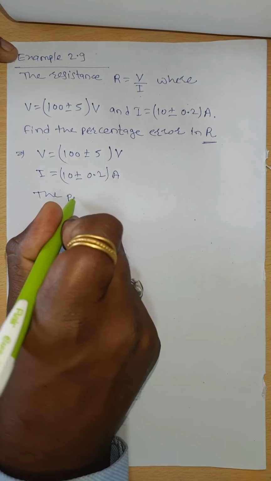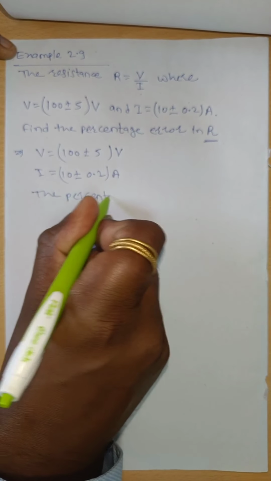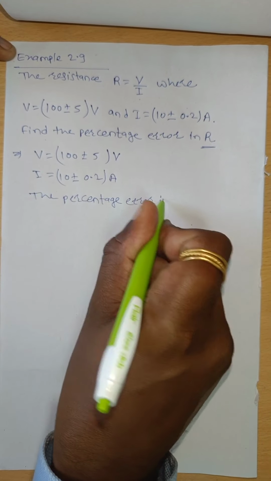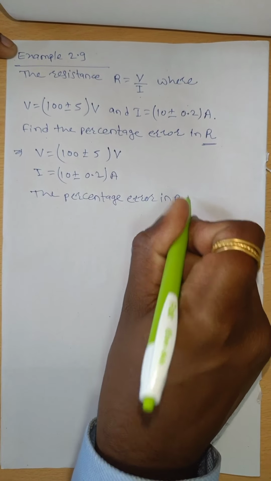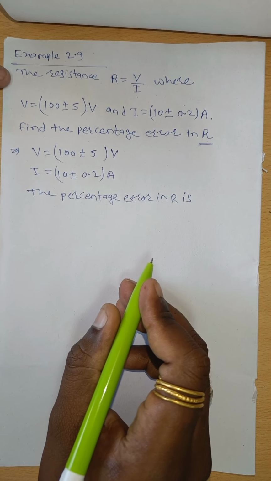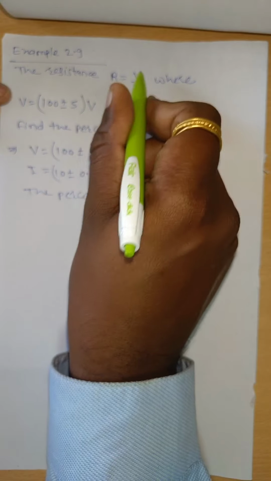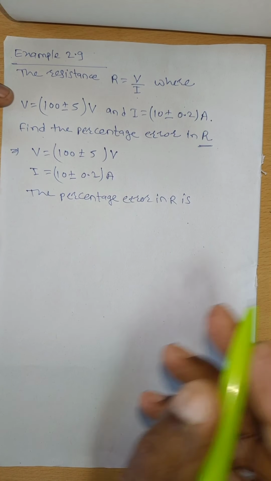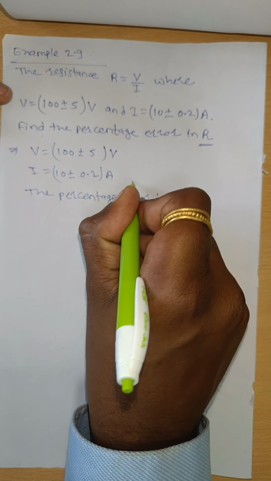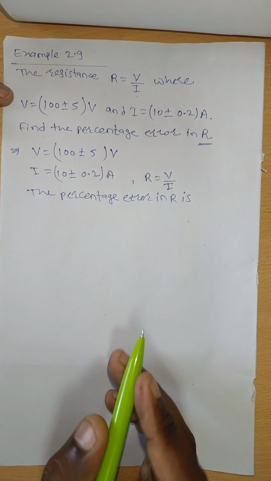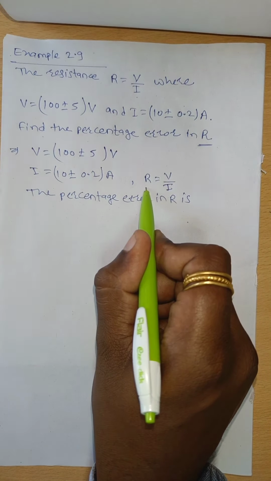Now the percentage error in R is given by, what is the formula? The formula is R is equal to V by I. Then how do we find the relative error of R?